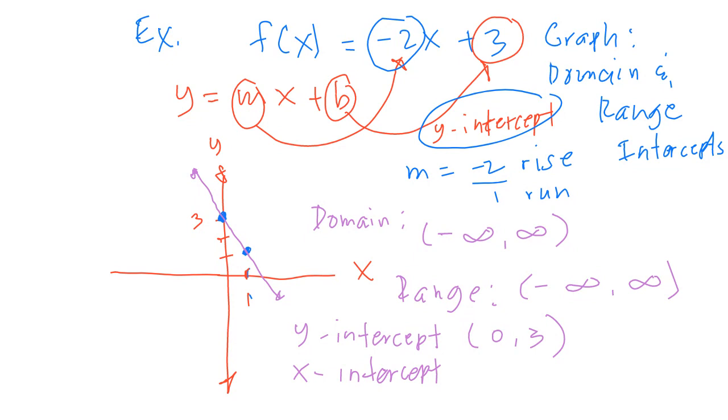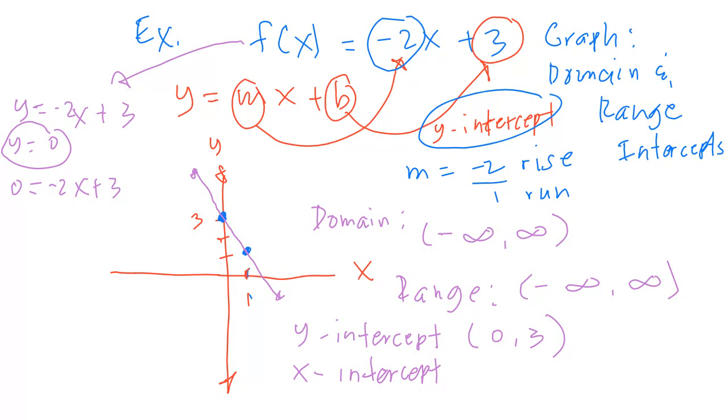So we can actually solve that by doing this. f of x, which is your y, equals negative 2x plus 3. We're solving for the x-intercept, so we let y be equal to 0. So that would be 0 here for your y equal to negative 2x plus 3.